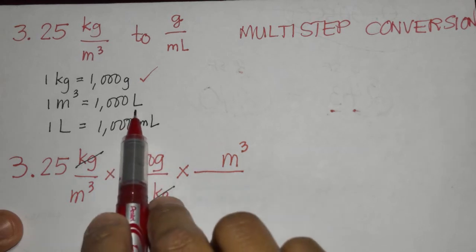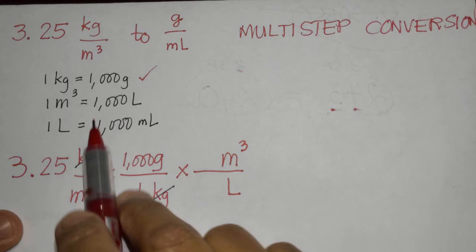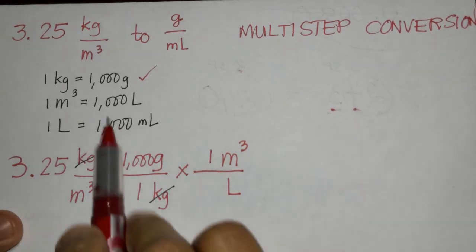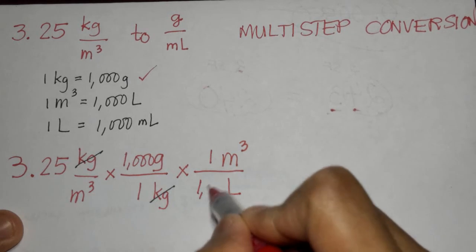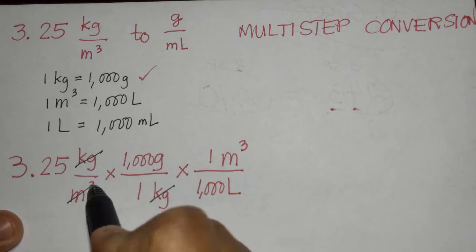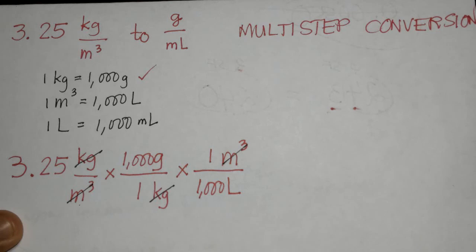And of course, the partner liter will be below. And then I copy the values. For the m cube, it's a 1, so I put 1 there. And for the liter, it's 1,000, and so that's 1,000. And readily, I can cancel my m cube. Top, bottom, cancel.